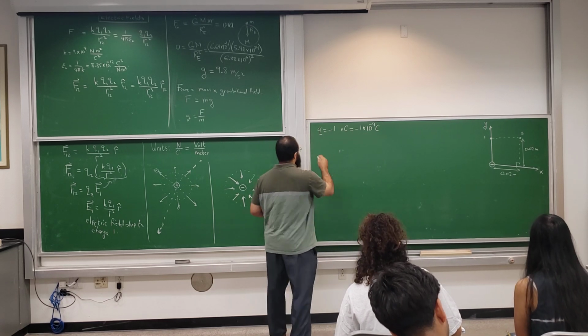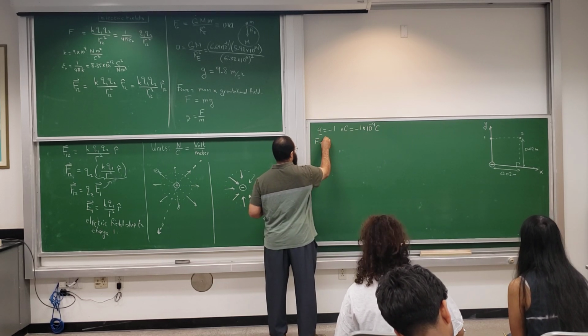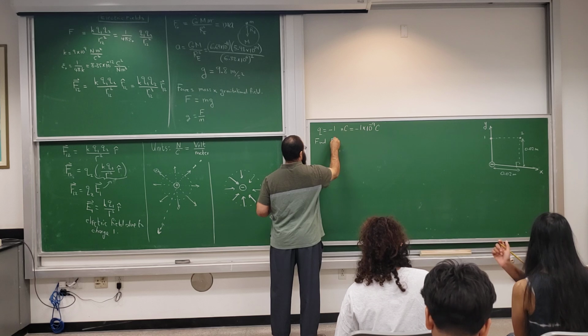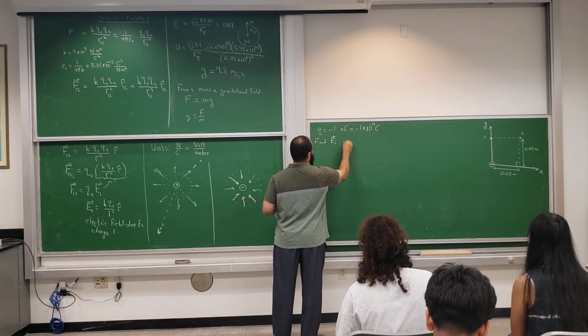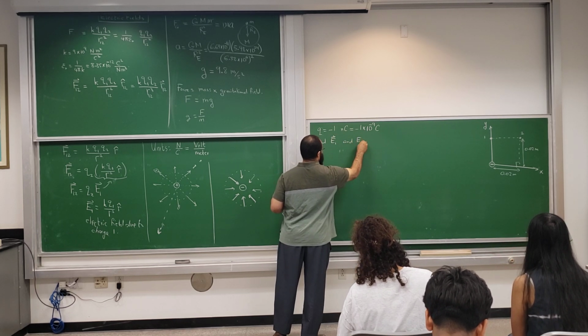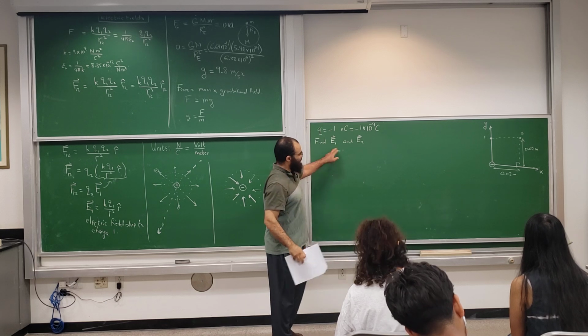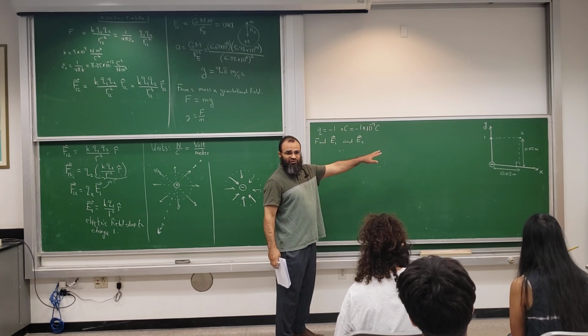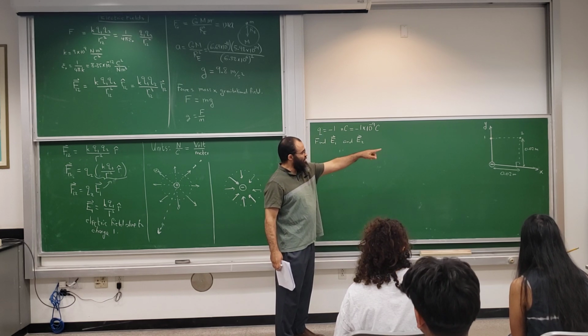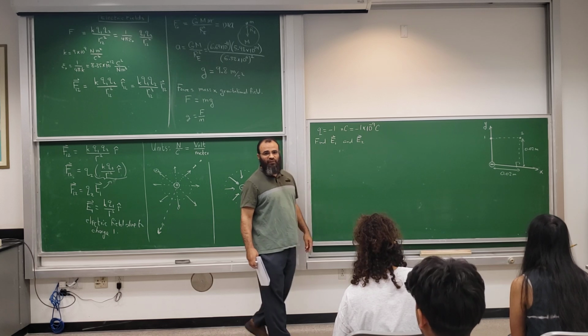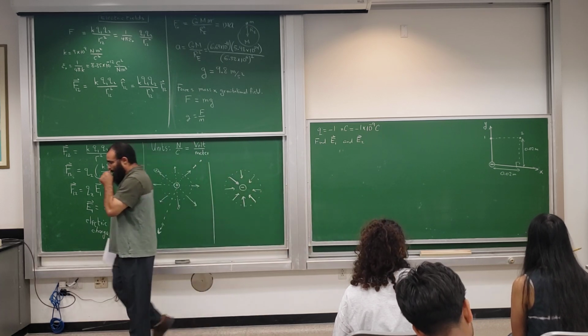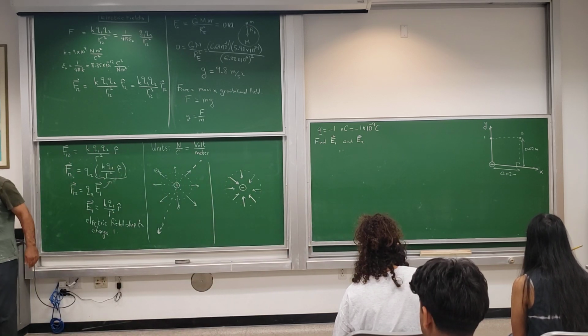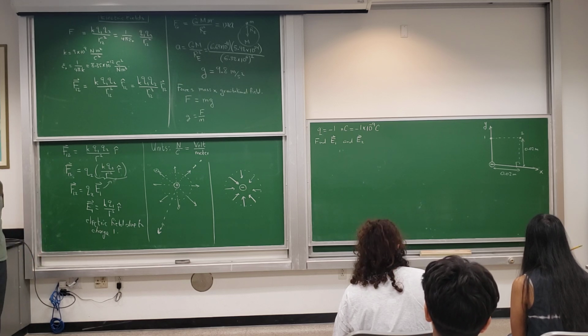So find the electric field E1 and E2. Both fields are due to the same charge. They're called E1 and E2 because they're just different locations. Okay. So which electric field is going to be stronger, at 1 or at 2? At 1.